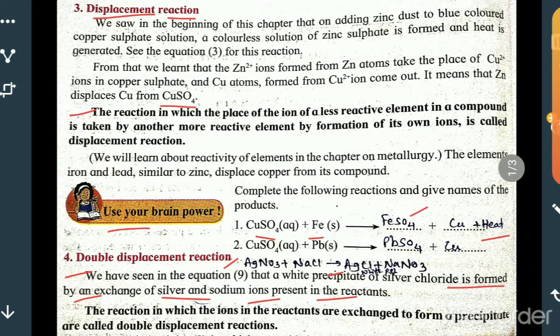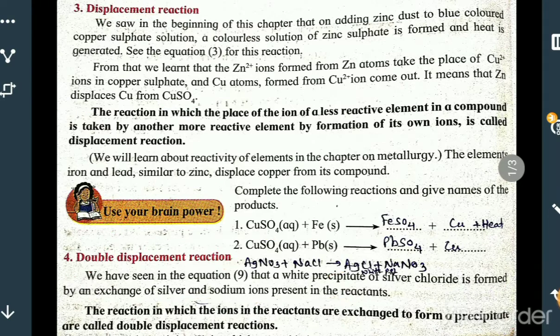The definitions of all the reaction types, and also the examples of these reactions, are very important. So students, learn these definitions and keep their examples in mind.